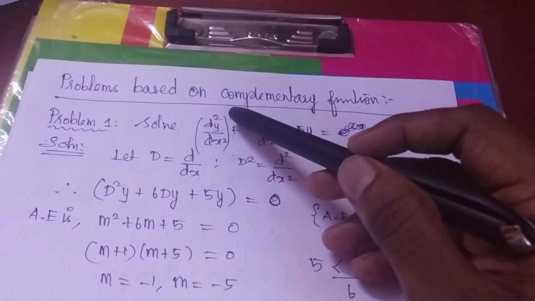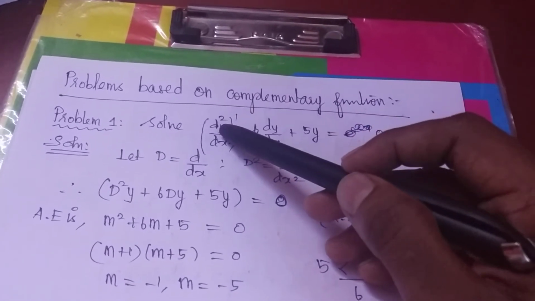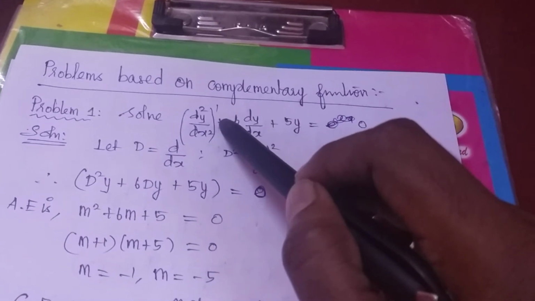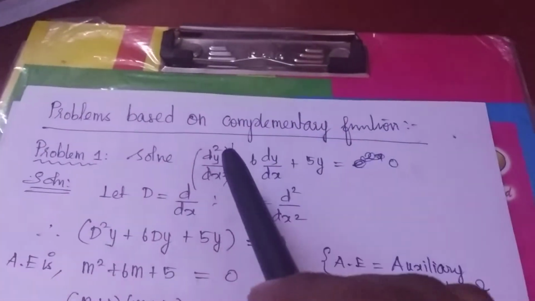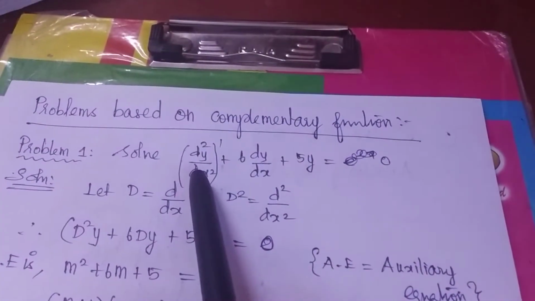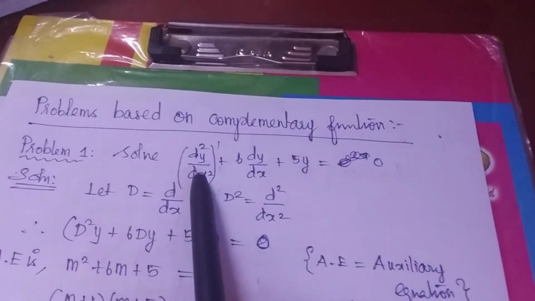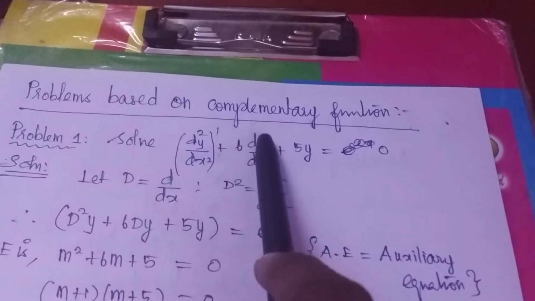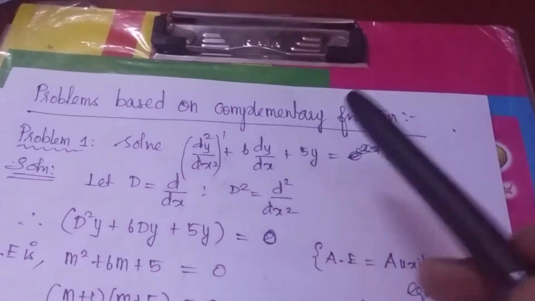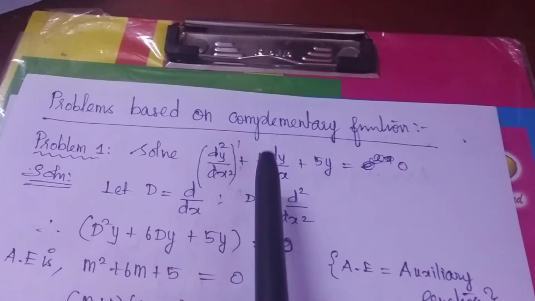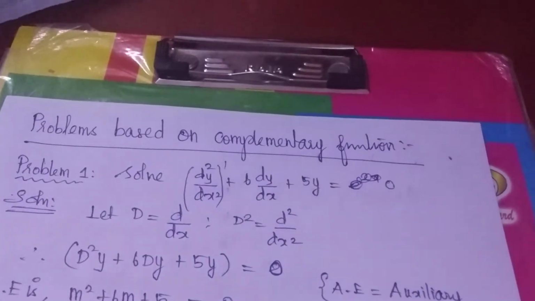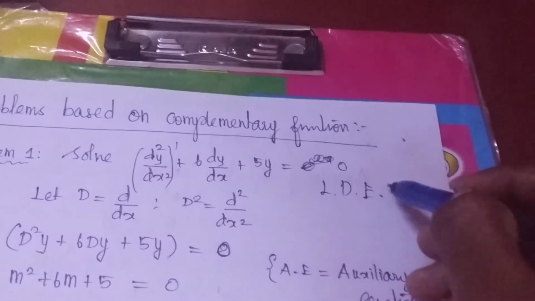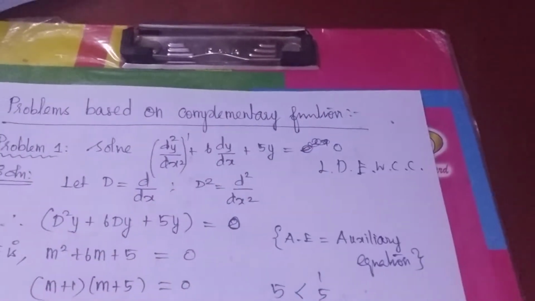It is the power of the highest order derivative. Here the highest order is 2 and its power is 1, so this is a linear differential equation with constant coefficients, since the derivative coefficients are constants.